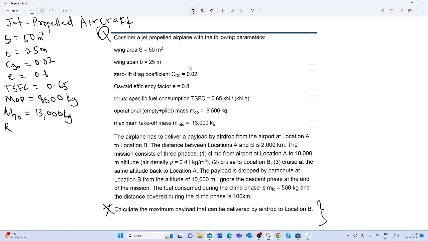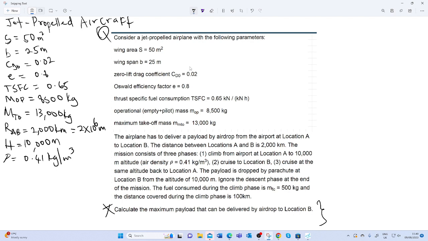The range between airport A and B, 2,000 km, which equals 2 × 10^6 meters. The altitude 10,000 meters. The density at the altitude 0.41 kg/m³.